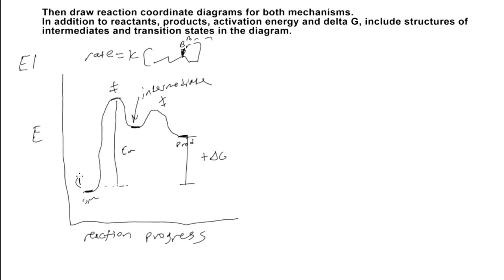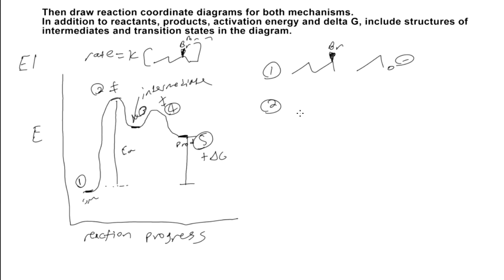I'm actually going to go in order this time and label this 1, 2, 3, 4, and then 5 for our products. So starting at our reactants here, we're going to have the same reactants, which is going to be the alkyl halide, and also our ethoxide here.